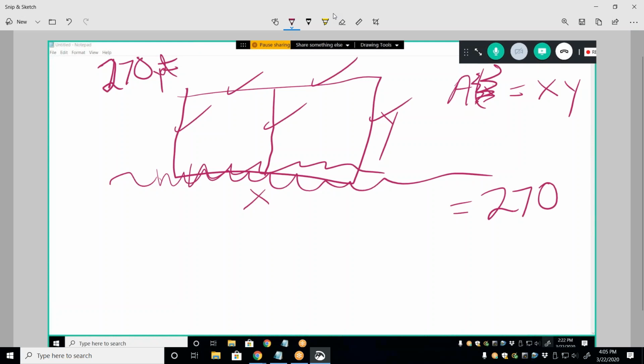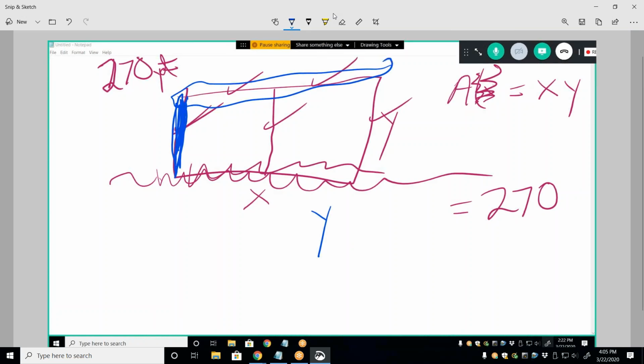What's this side here? Y. What's this side right here? Y. What's that total side?